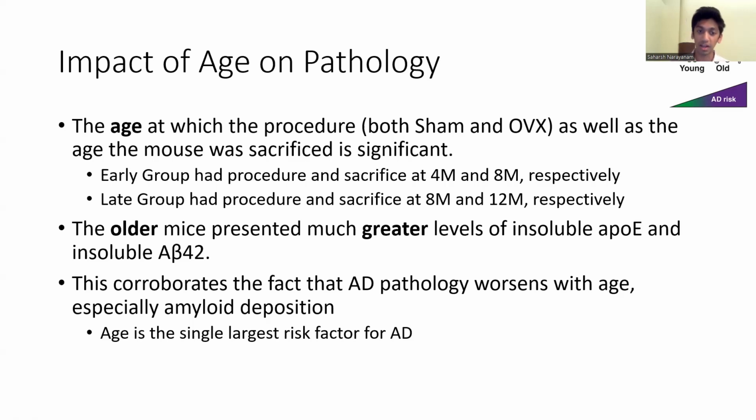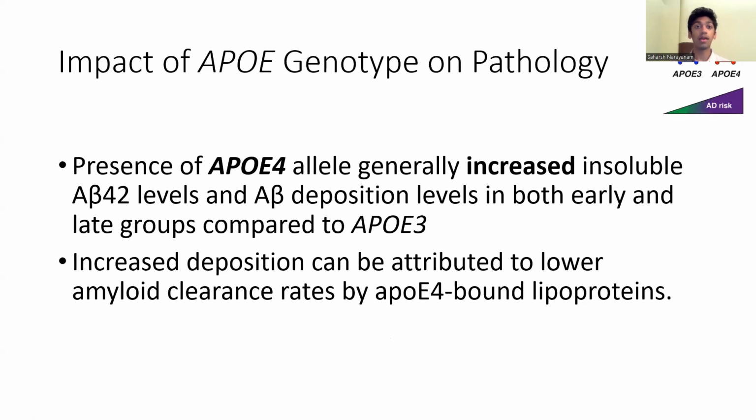Once again, proving that age is the single largest risk factor for AD. Furthermore, ApoE genotype greatly impacted pathology as well, in which we saw that the ApoE4 allele generally increased insoluble A beta levels and A beta deposition levels in both early and late groups compared to ApoE3.